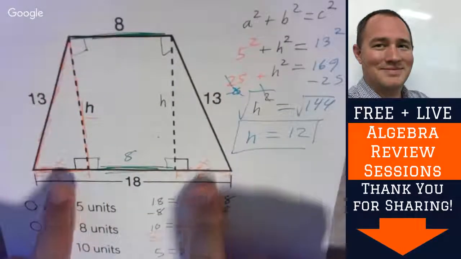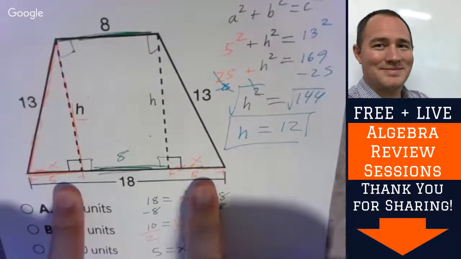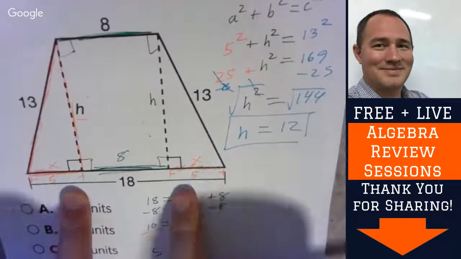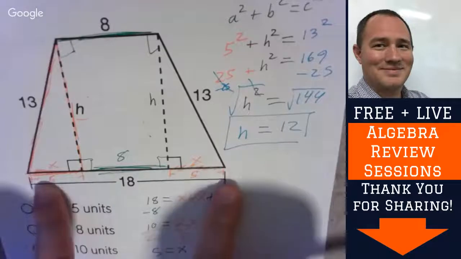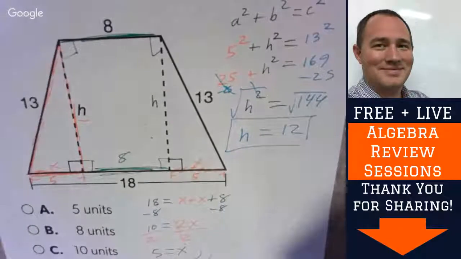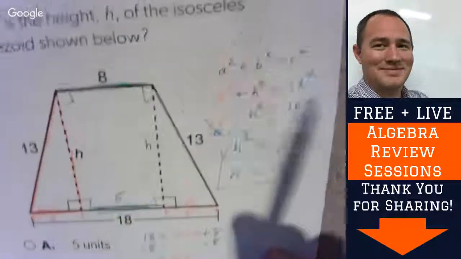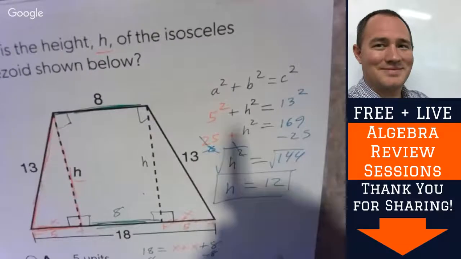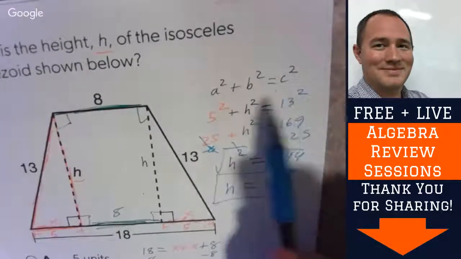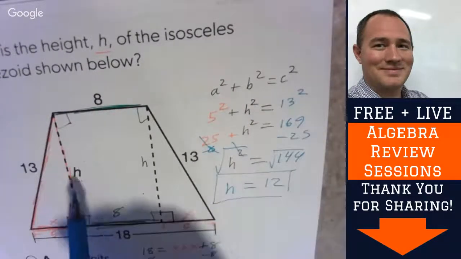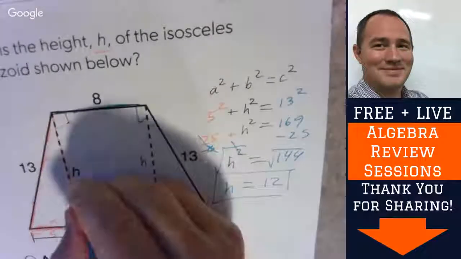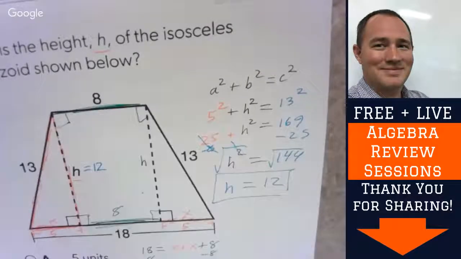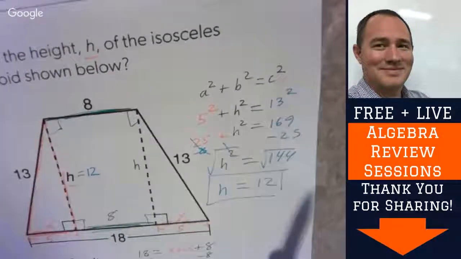So whatever's left over was divided between these two equivalent segments over here. And then we had to use this 5 that we found to plug that back into the Pythagorean theorem and solve ultimately for h, which is 12. And that h is also 12.